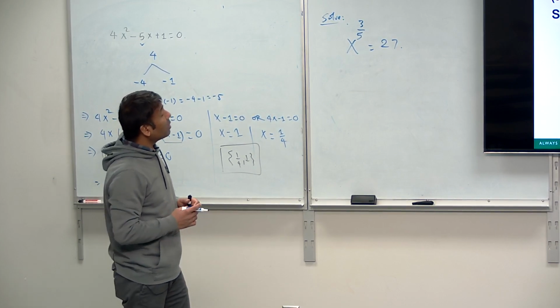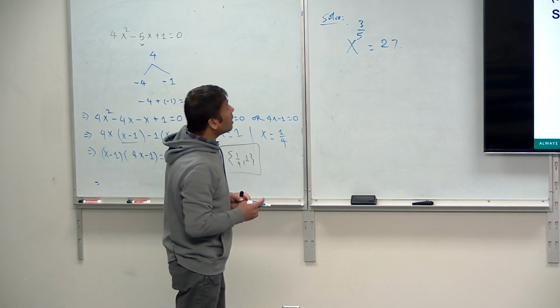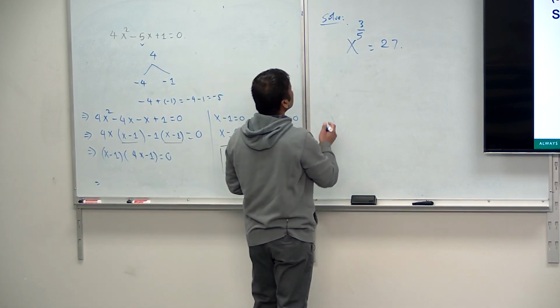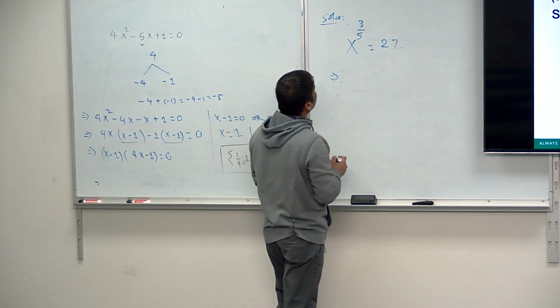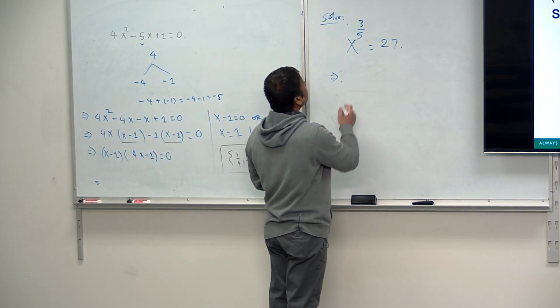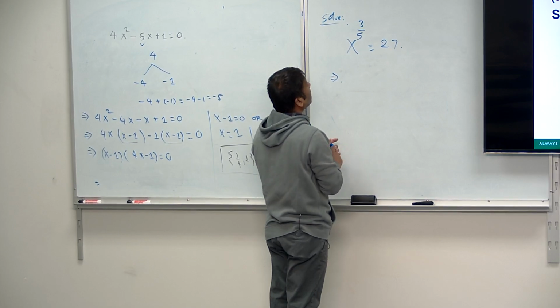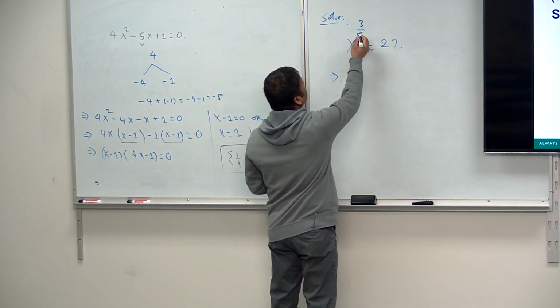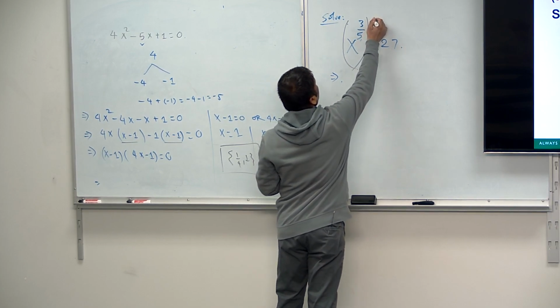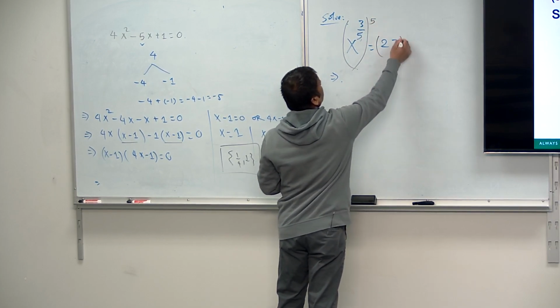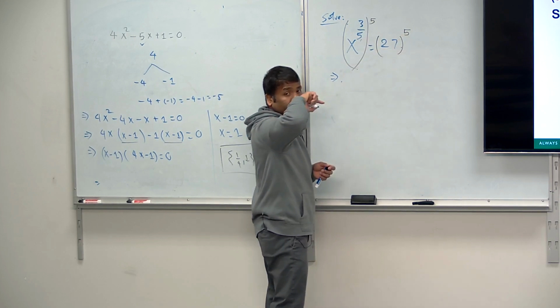I mean, there are so many ways of solving this equation. I think I can do, let's say, raise to the power 1 over 5, okay? So this is the fifth root of x cubed. So raise to the power 5 and raise to the power 5. I can do that.